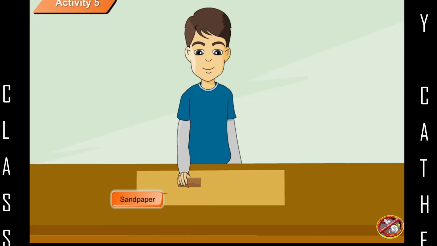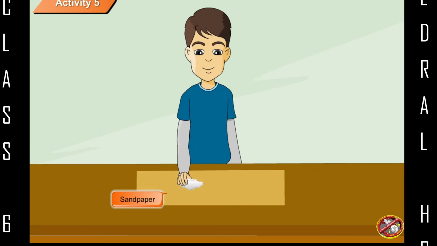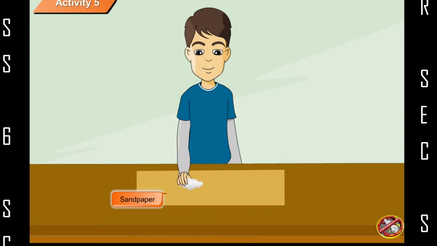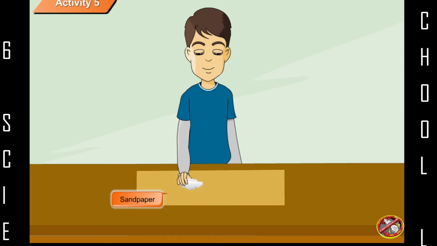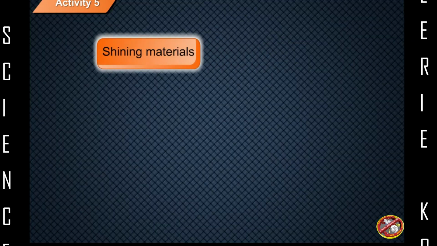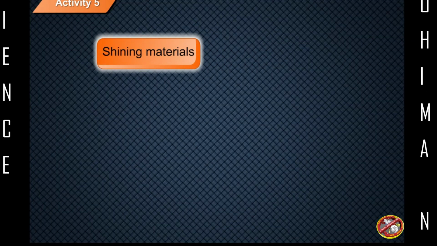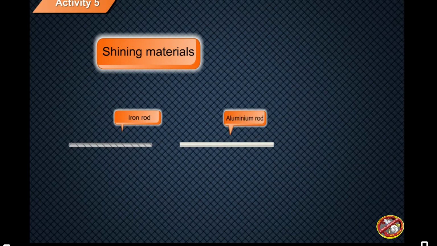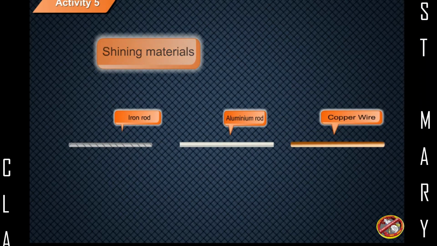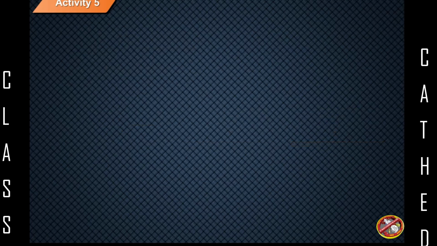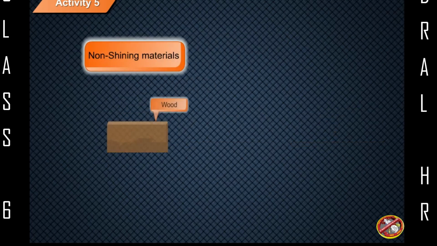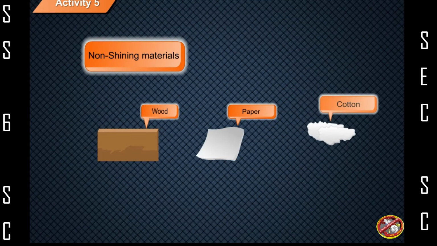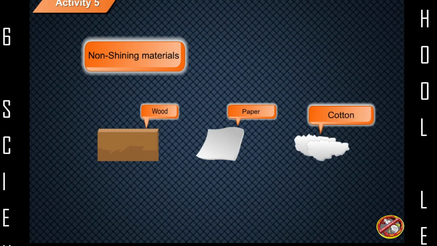Observe each material, whether shining or not shining. Separate the shining material from the non-shining material. Observation: the surfaces of materials like iron rod, aluminium and copper wire are shining. The surfaces of materials like wood piece, paper piece and cotton are not shining.